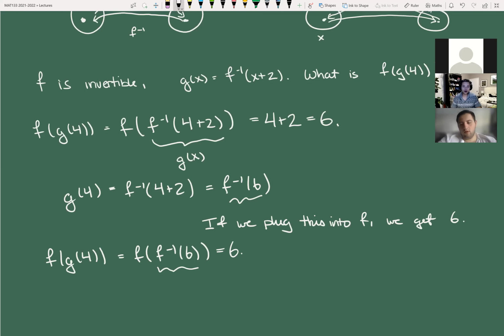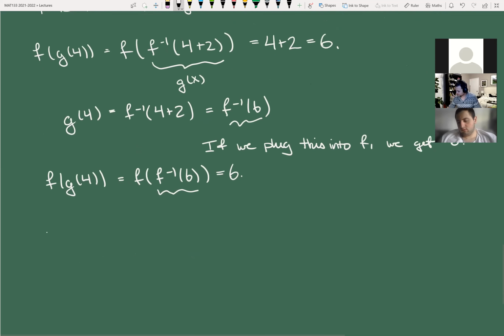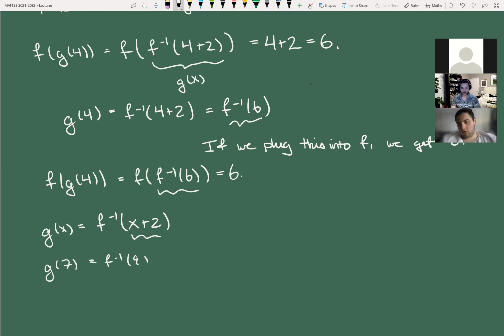So it's not that the output is 4, right? Remember, we have to be careful about this. Since g of x says, figure out what mapped to x plus 2. So g of x says, let's figure out which thing mapped to x plus 2. So g of 7 would be what thing mapped to 9, and g of 1 would be what thing mapped to 3.